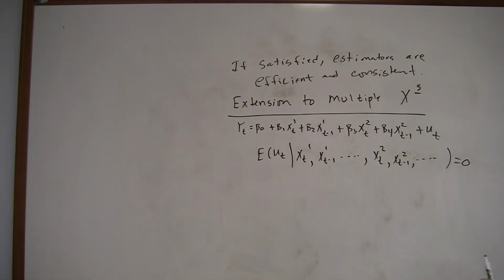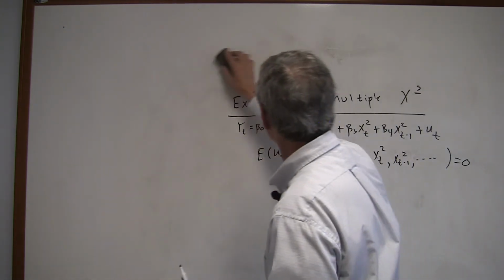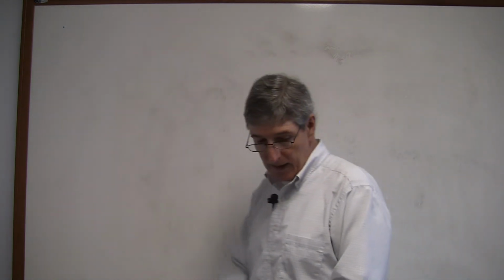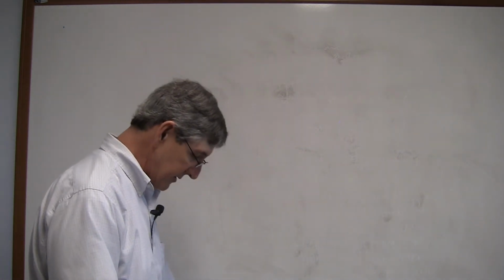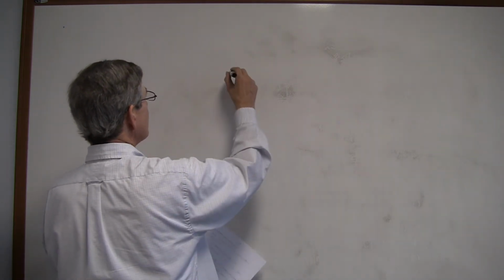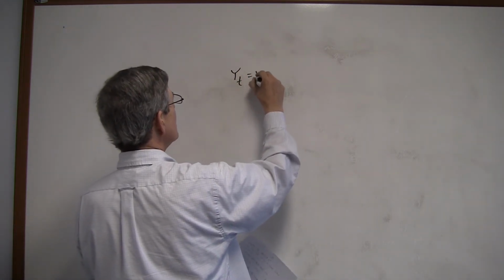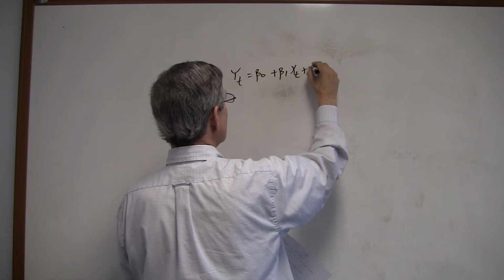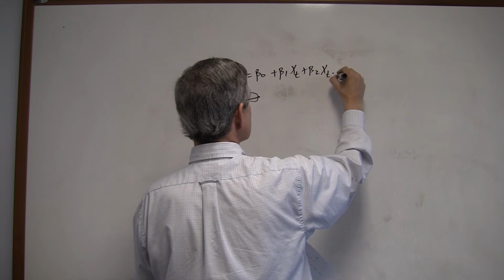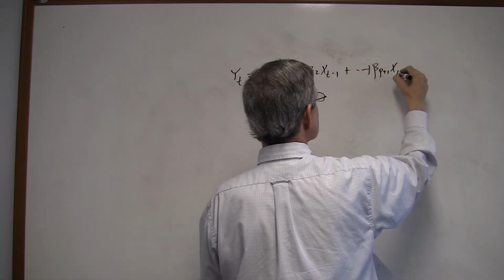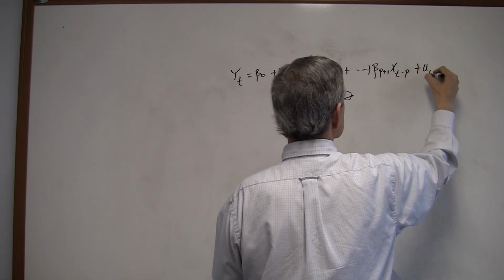Okay, now let's add a slight wrinkle. So far, we could just use OLS because all of our assumptions have been satisfied. But what if you had yt equals beta 0 plus beta 1 xt plus beta 2 xt minus 1 plus beta p plus 1 xt minus p plus ut.